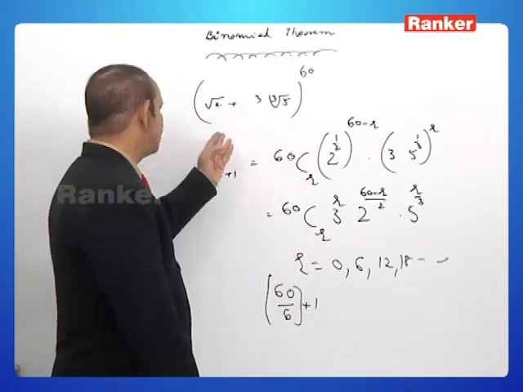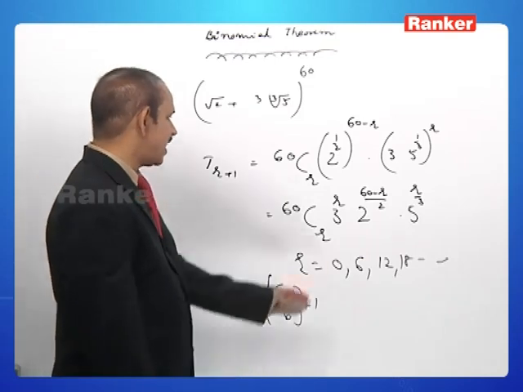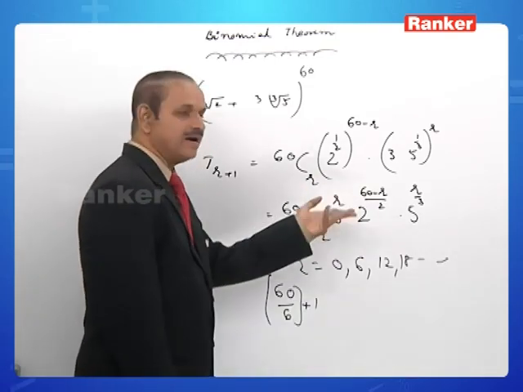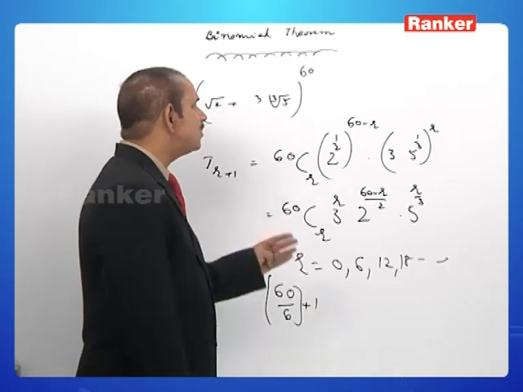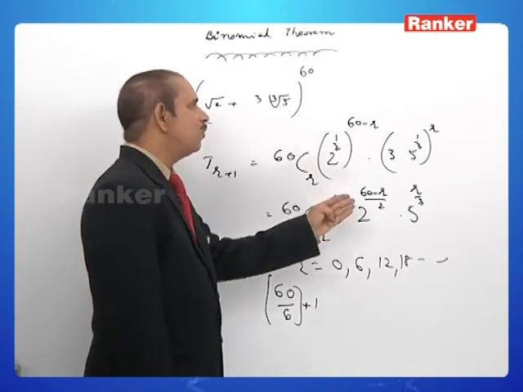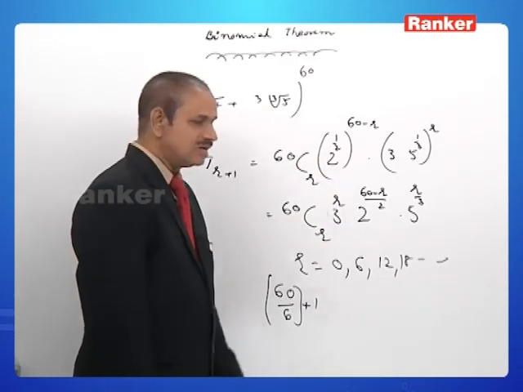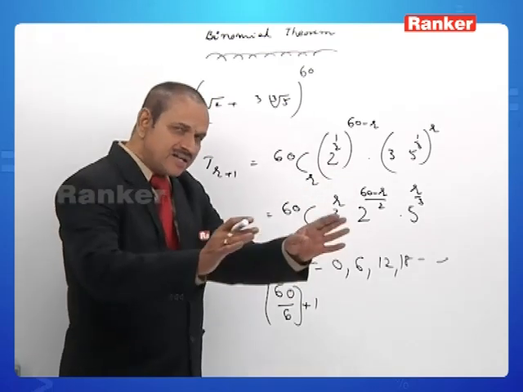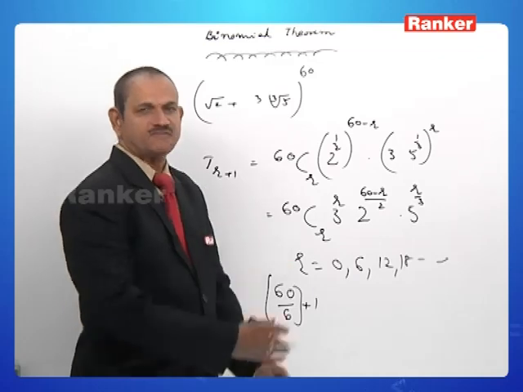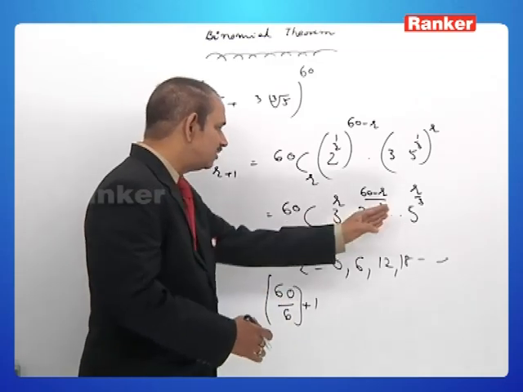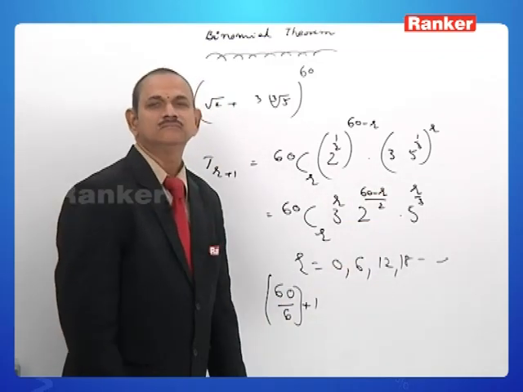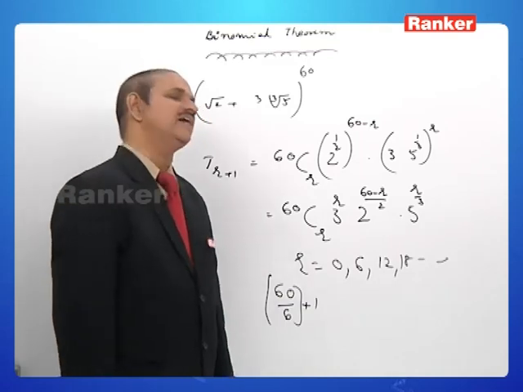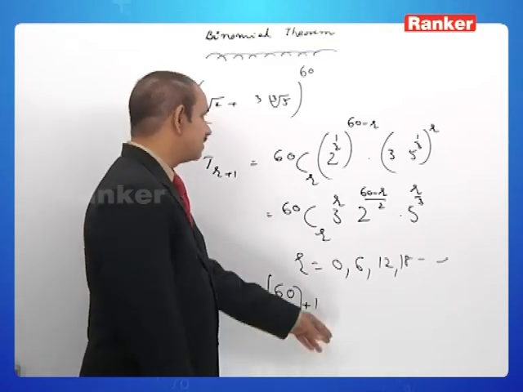Here, see, if you take r is equal to 0, 60 by 2 becomes an integer. Suppose you have, say, 51 instead of 60. What happens? 51 minus r by 2. You see, the integral part of 51 by the LCM of these radicals. Yes, like that. In any case, this becomes the answer.